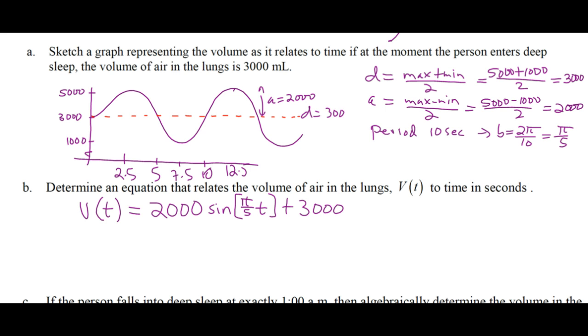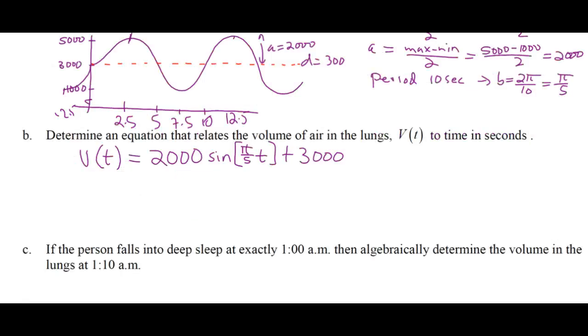You could do it as a positive cosine, which would give you bracket t minus 2.5. You could do it as a reflected cosine, negative 2,000, then it would be t minus 5. Although you'd probably go this way, because it would be negative 2.5, so as a reflected cosine the minimum phase shift would be to the left. But if you get to set it up, then you get to choose. This works out very nicely as an unshifted sine, and it's good.